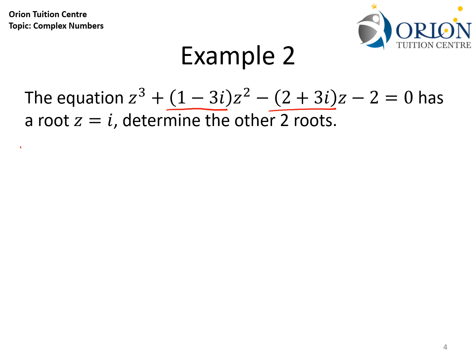What we can do is to try to factorize this original expression, (1 minus 3i)z squared minus (2 plus 3i) times z minus 2, which must be equal to z minus i. So we have z minus the first root multiplied by a second term, which we can let be a quadratic term.